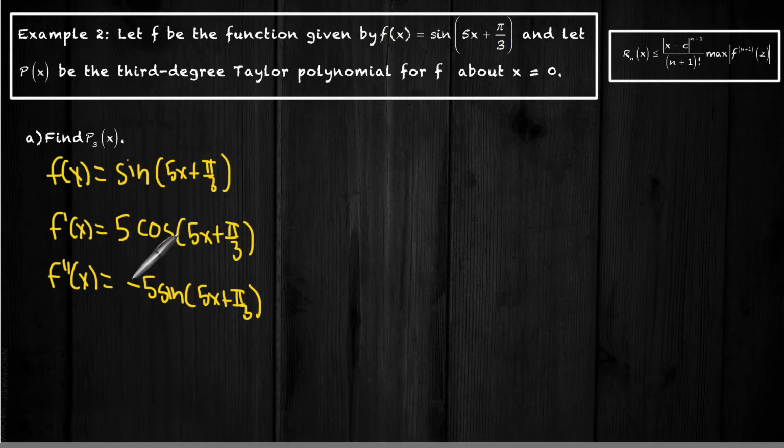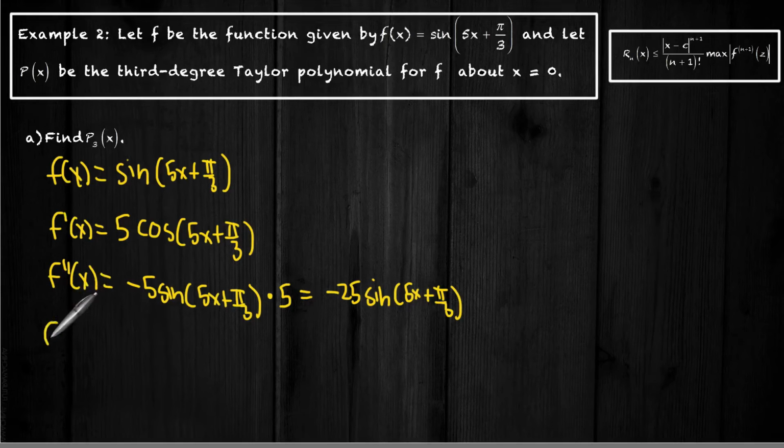Let me just multiply it times 5, and that turns into a negative 25 sine of 5x plus pi over 3.